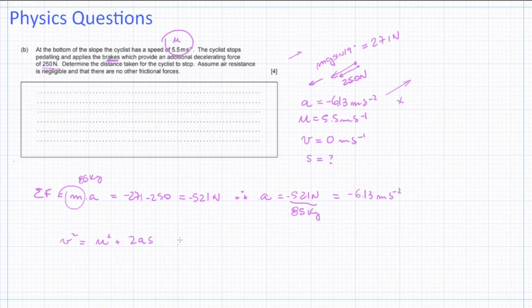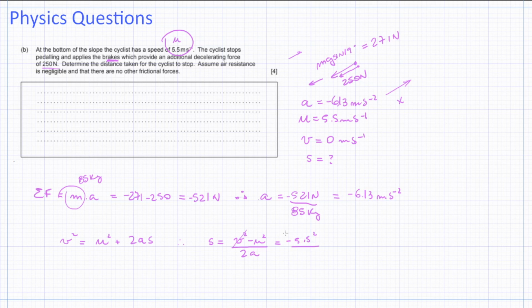Since I want to know the displacement, I'm going to make it the subject. So I will have final velocity squared minus initial velocity squared, divided by 2 times the acceleration. Final velocity, 0. Initial velocity, 5.5.